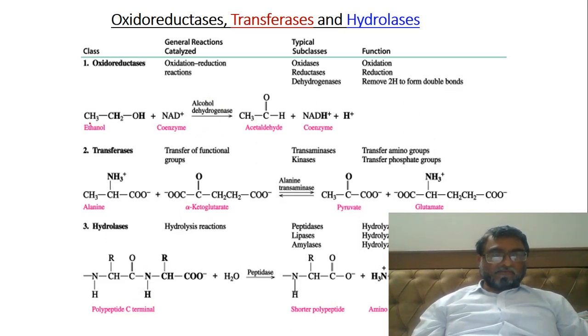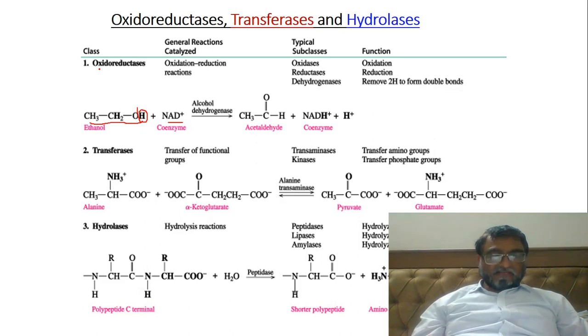In the original form, this ethanol is in the reduced form due to the presence of this OH, and this is in the oxidized form. So as I told you, alcohol dehydrogenase is an enzyme that belongs to the oxidoreductase class.